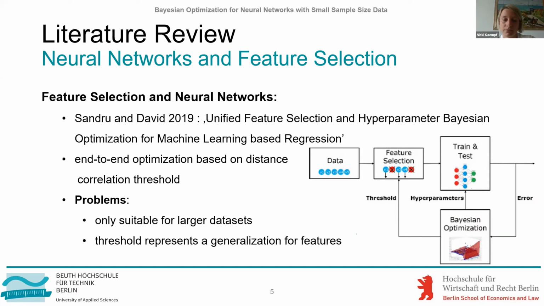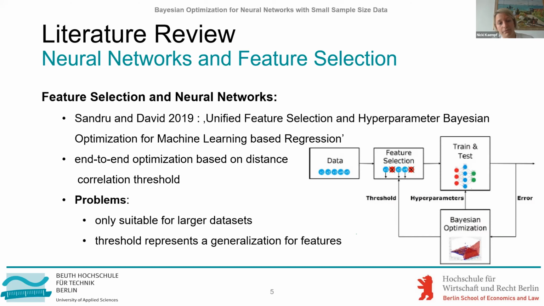But there are also some problems with this approach when it comes to low sample size data, because the authors also state in their paper that this approach is only suitable for larger data sets. Why? This is because the distance correlation threshold is only reliable when we have hundreds of observations. And in our research project, we don't have that.